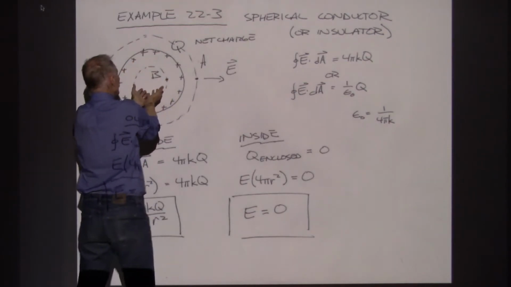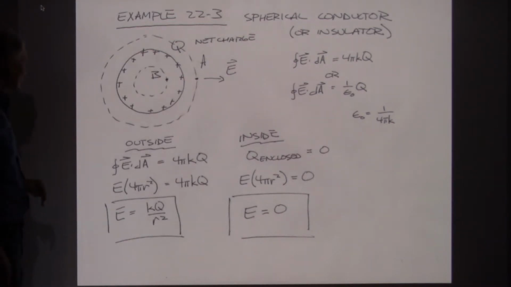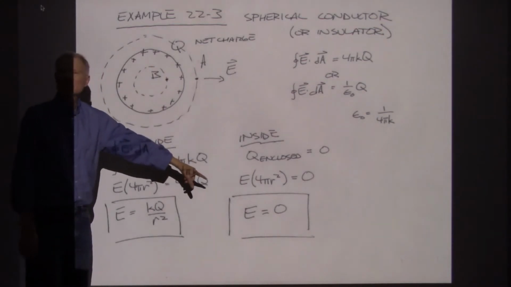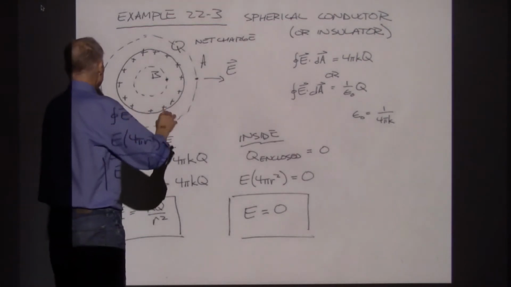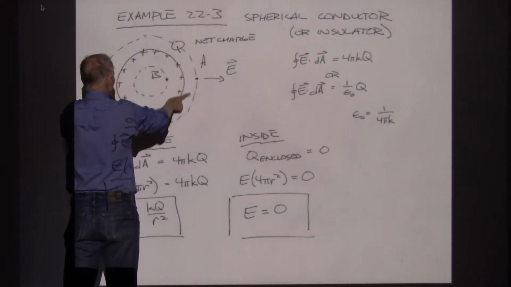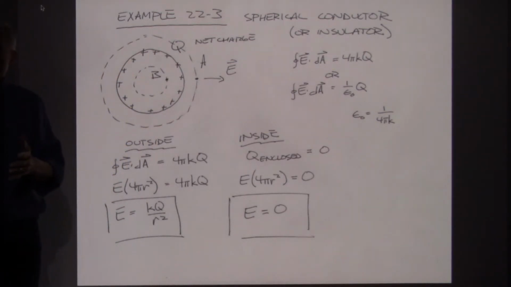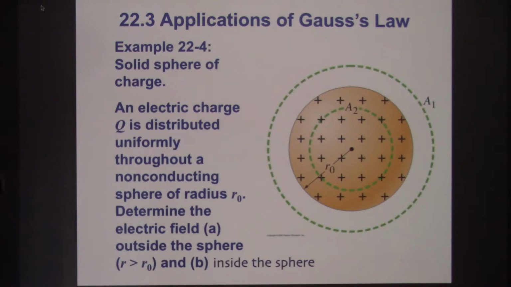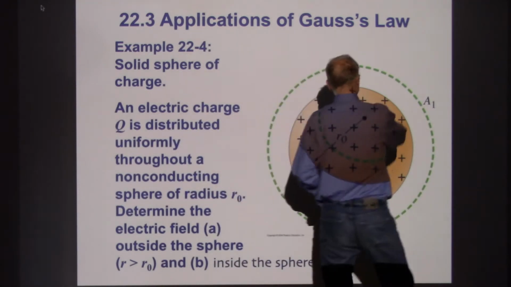The Gaussian surface we've drawn inside encloses none. And that says everywhere outside the surface, it's kq over r squared. Everywhere inside is 0. So the electric field drops immediately to 0 if all of the charge is on the surface. If that's charge that's all on a surface, once I cross that surface and go inside, the electric field will drop to 0.